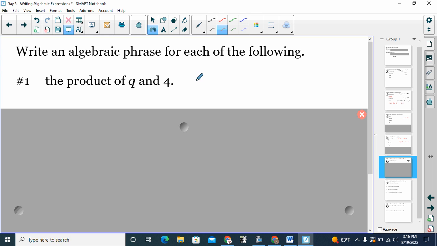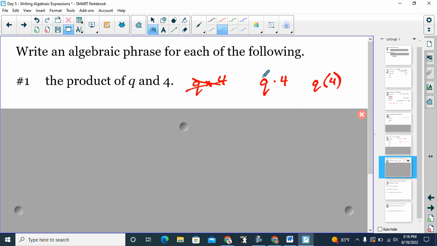When you multiply, you don't want to use the X. Remember, X we usually will use for a variable. So we don't really want to write it as Q X 4. We can use the dot to represent multiplication, Q times 4. We can use parentheses to represent multiplication.